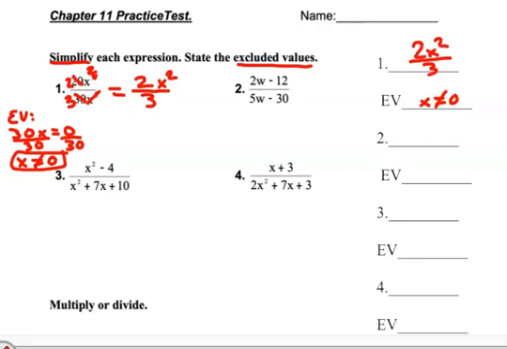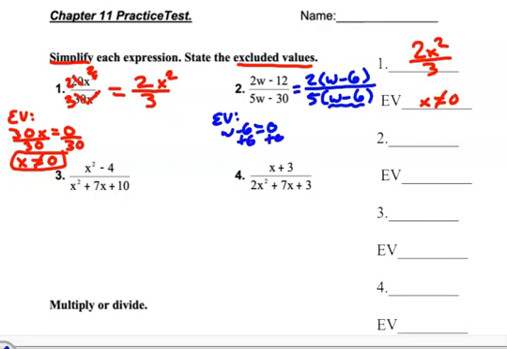Okay, moving forward here, you want to factor these by taking out a common factor of each. So 2 on the top and 5 on the bottom. You're going to notice that there are some w minus 6's that are supposed to cancel. Before you do that, do the excluded value step. I'm not going to use anything with the 5, but the w minus 6, if I put something in there, I could get a 0 if I add 6 to both sides.